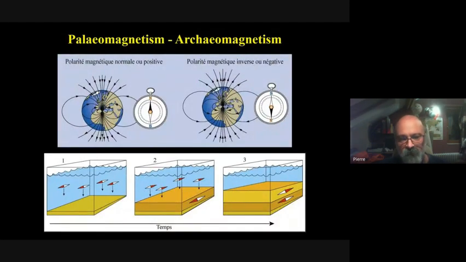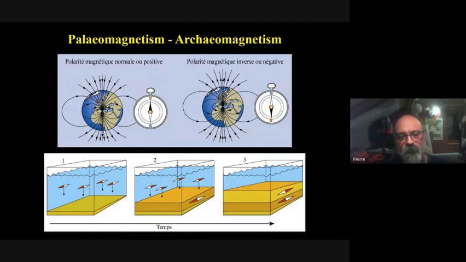The second method, not based on chemical process, it is paleomagnetism and archaeomagnetism. You know, during Earth's history, the polarity, the magnetic polarity of Earth changed. We have some inversion.